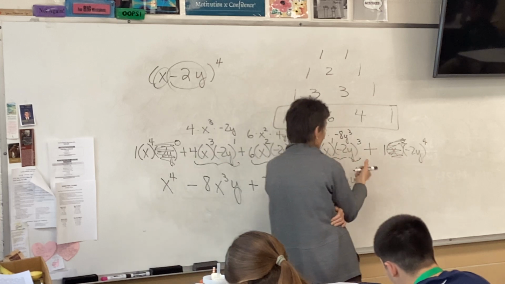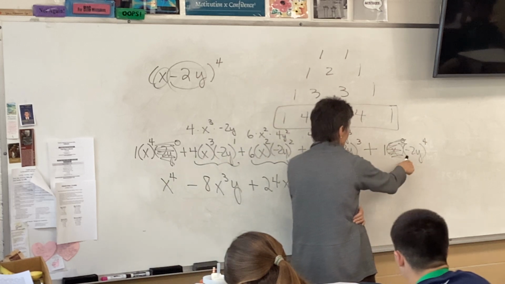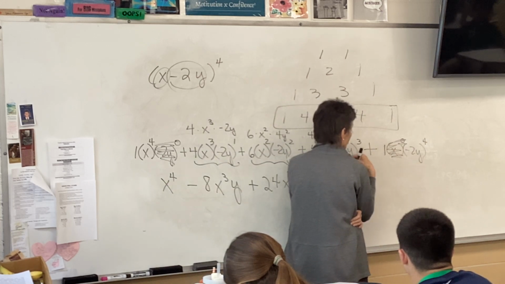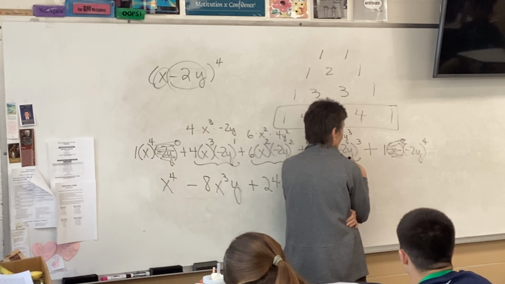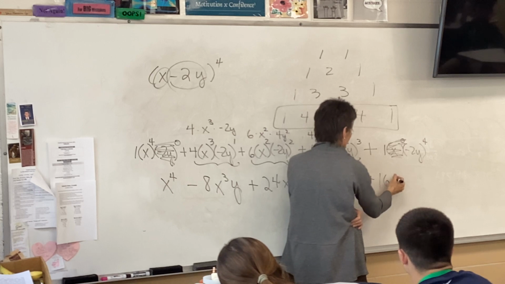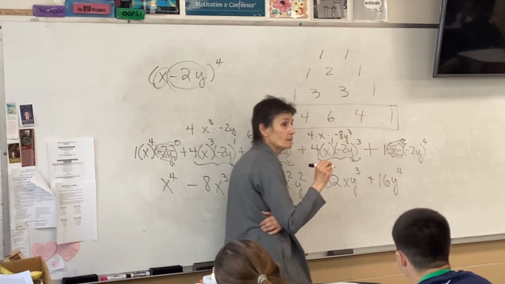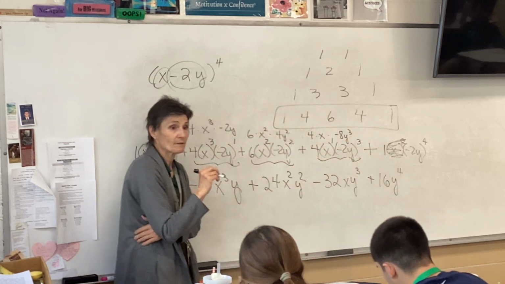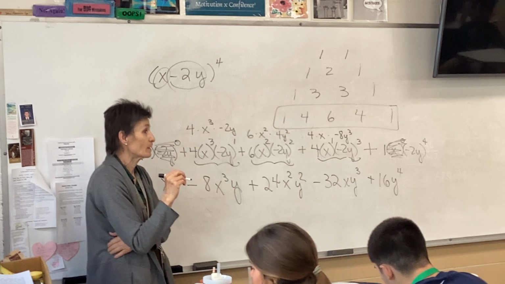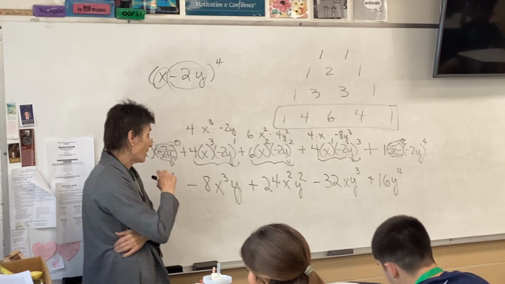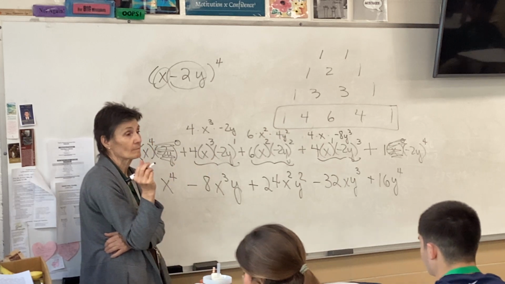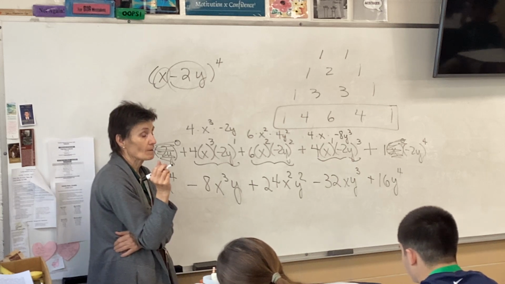And then what about the last one? What's that equal? 16 y to the 4th. Why? Because when we multiply a negative times a negative times a negative times a negative, we get a positive. That's the answer to the question. Alrighty?